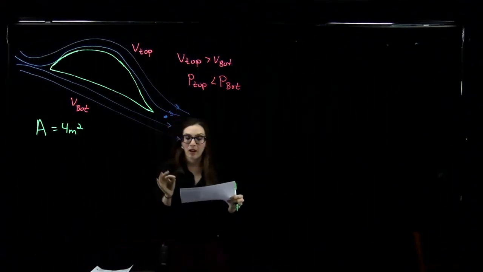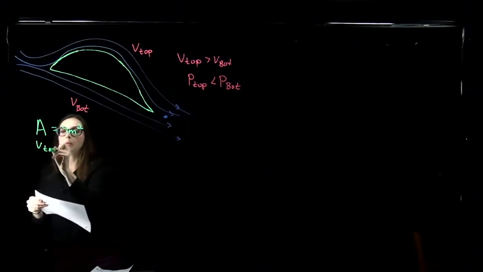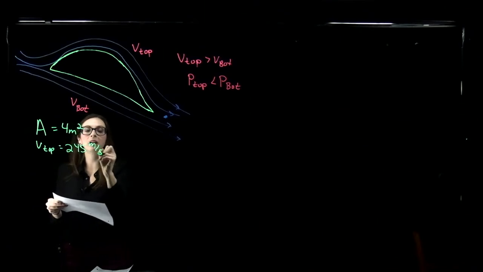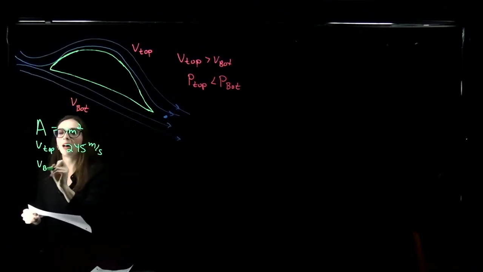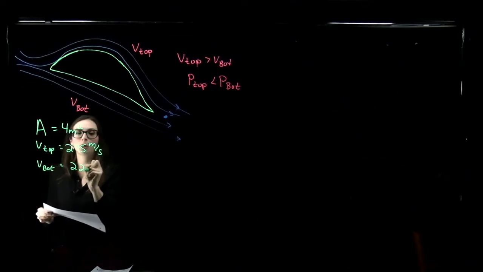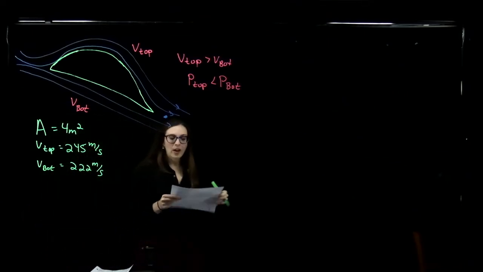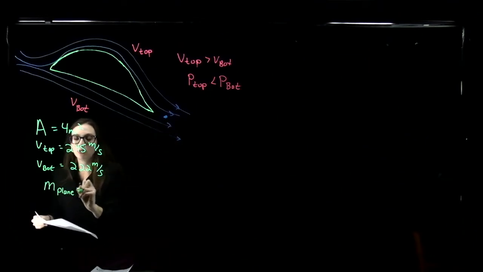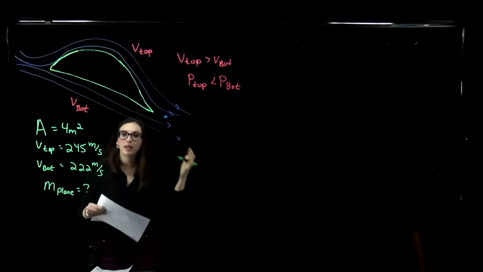And these wings are designed so that the airflow over the top of the wing, V top, is equal to 245 meters per second, and the airflow underneath the wing, which I'll call V bottom, is equal to 222 meters per second. We're going to find the mass of the plane, M plane, equals question mark, such that the lift on the plane will support its weight.